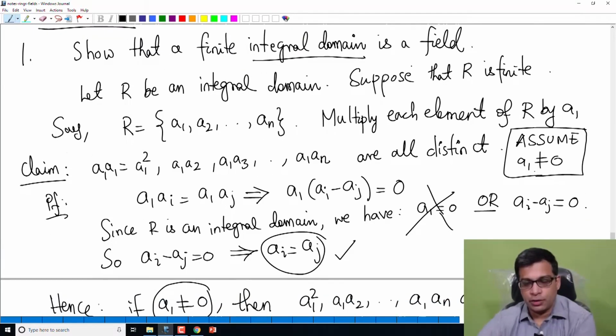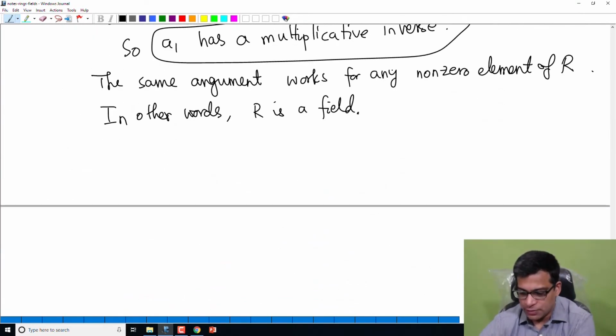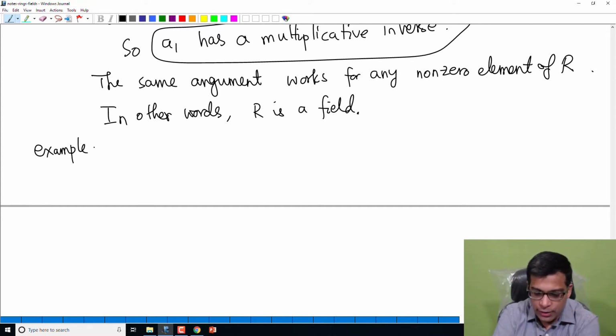Now before continuing to the next problem, I'm going to give two examples to illustrate the fact that both statements, that we have finite and that it is an integral domain, are crucial. Without that, you can't conclude that R is a field. So let's consider R to be Z, the ring of integers.